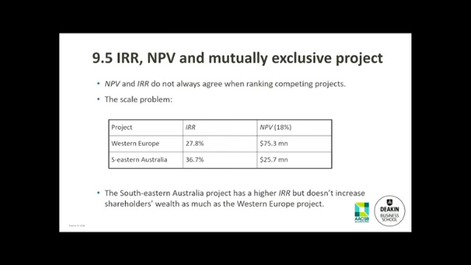If, in my example, the Western Europe project is 5 times larger than the Southeastern Australia one, and you can invest in Southeastern Australia 5 times, then you go for Southeastern Australia. Because if you can bring them to the same scale, then you always go for the one with the highest percentage return. But in practice, of course, this is impossible, right?